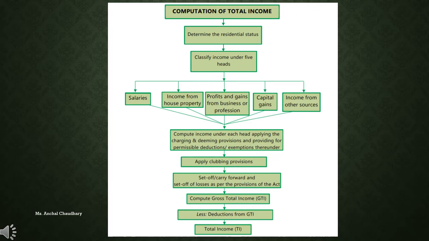This is the next step where you have to set off the losses which have occurred in your previous year. If it's not possible to set off the entire amount, or if you are not able to set off that particular amount of loss, then you have to carry forward that loss to the next year.